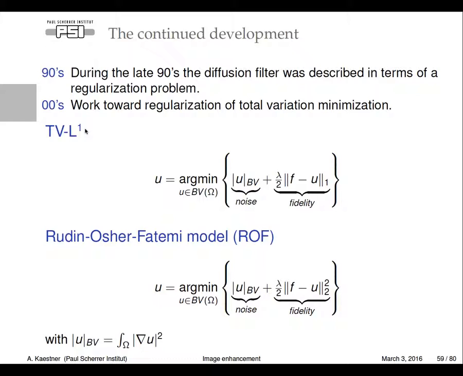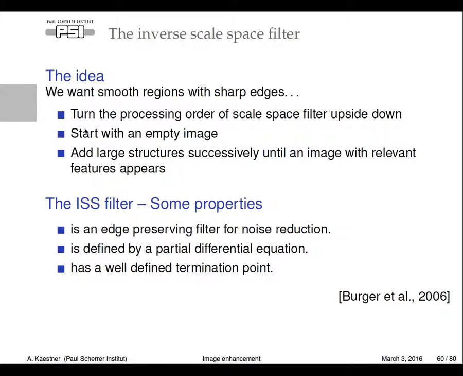These guys also produced a framework for inverse scale space. Normally when we smooth, we take the small features first and then go to larger features. The idea of inverse scale space is to turn it around: first you add large features in the image and then you let it grow into the smaller ones.